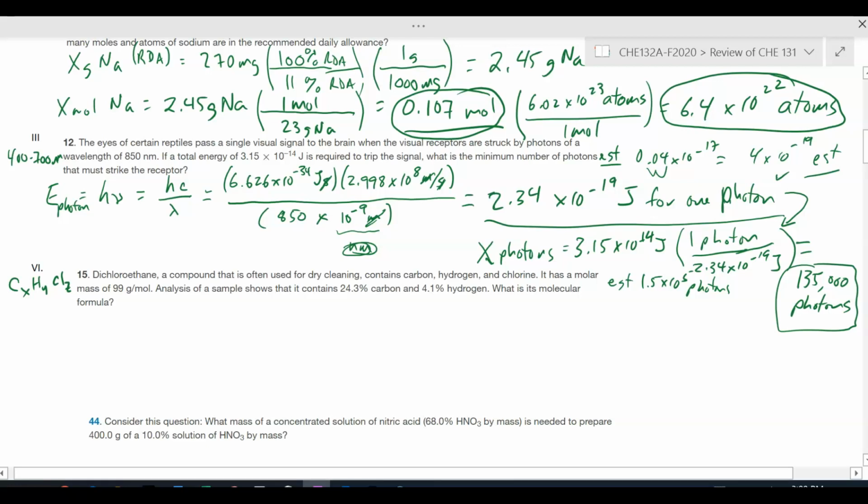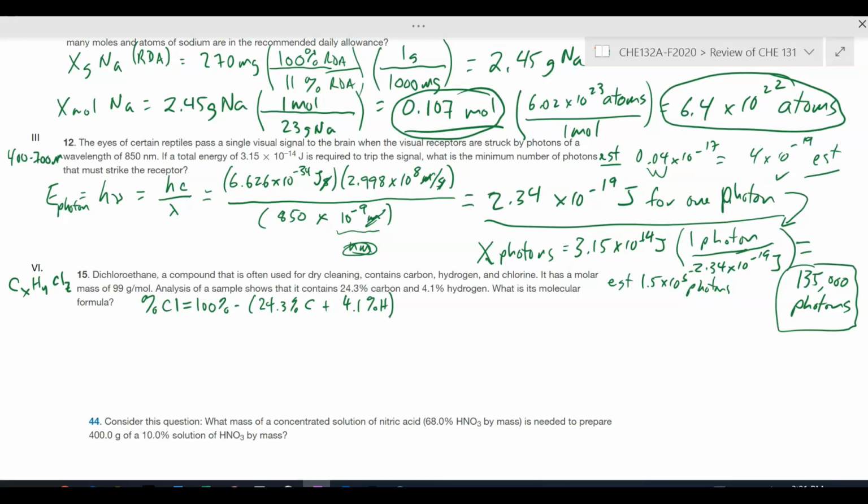To solve this problem, the first thing we have to do is ask, what's the percent chlorine? If all I have is carbon, hydrogen, and chlorine, then if I add those percentages up, they had better be 100%. If I subtract the 24.3% carbon and the 4.1% hydrogen from the total of 100%, that's going to give me the percent chlorine, which is actually going to be quite a bit.